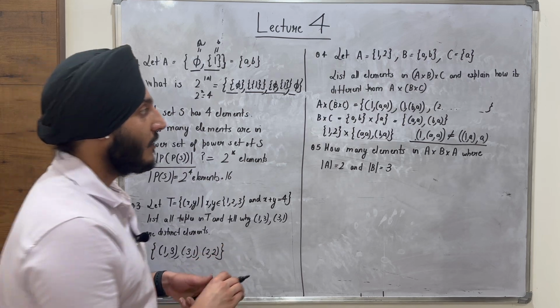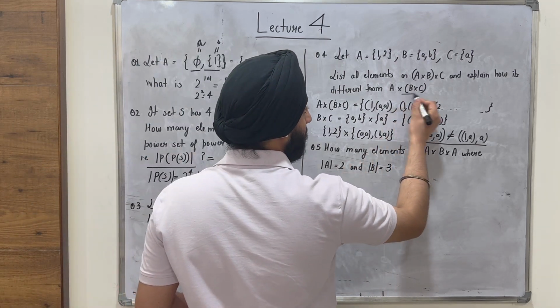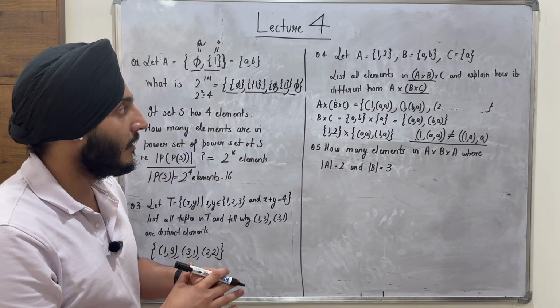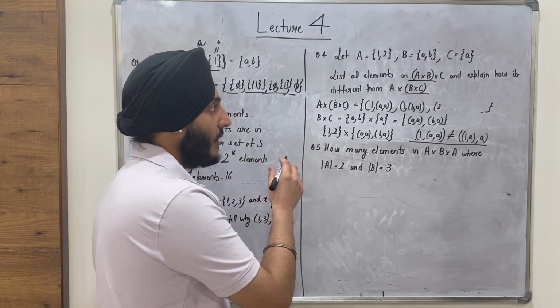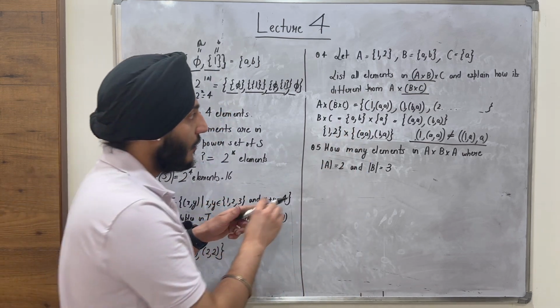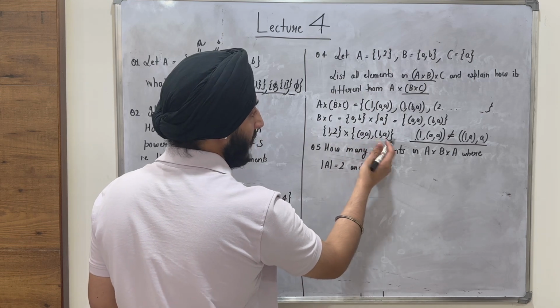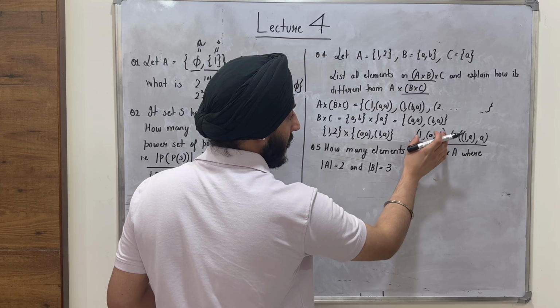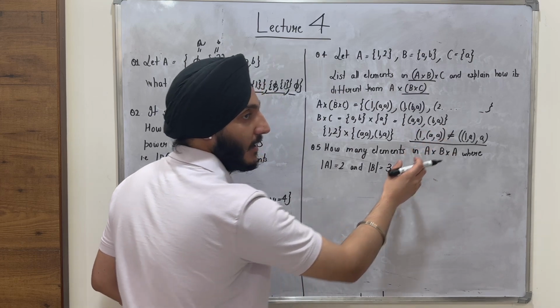But the basic point is that when it comes to the Cartesian product, I'll give a short summary of what I did. When I do a cross product of A cross B, I already formed the tuples. Now, those tuples that I formed will have to be used as specific elements. So the final product has a tuple, and inside that there's another tuple again, right?